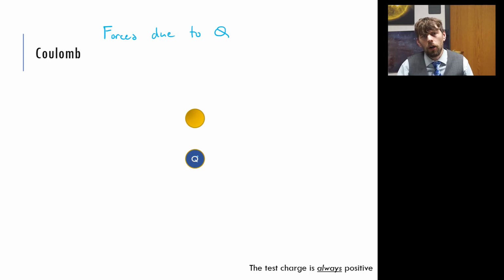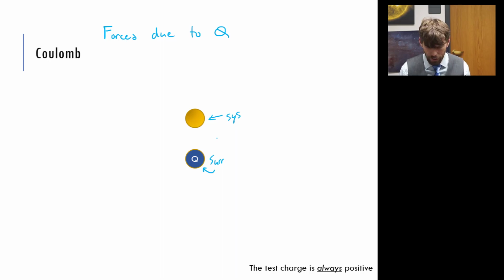Now, we already know, first of all, if the test particle is positively charged and Q is positively charged, which direction will the force on the test particle be due to Q? And this is our surroundings now, and this one is my system.